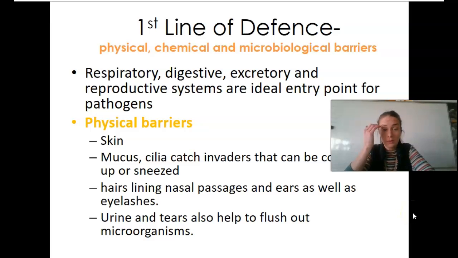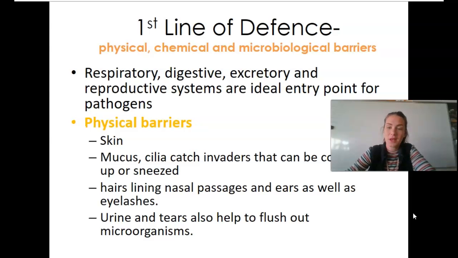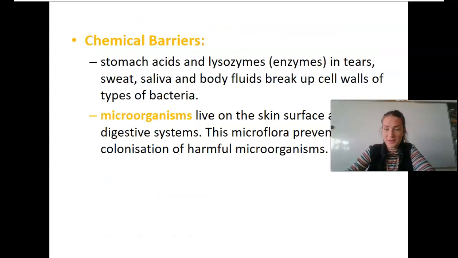Okay, so physical barriers, anything that is physically keeping a pathogen from entering any of those entry points that we've discussed. Chemical barriers, and I have discussed microorganisms, so we can leave that one as well. But chemical barriers, the list is a bit shorter, but it's some of the ones that I've already discussed for physical barriers, they cross over.